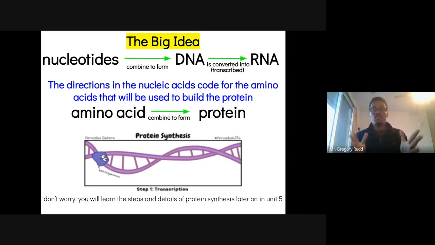And eventually, once the entire signal has been read and all of the amino acids have been triggered to come into place, now you've created a chain of amino acids that will become a protein. So AUG is typically first. AUG brings its amino acid, and then maybe we have CCG.